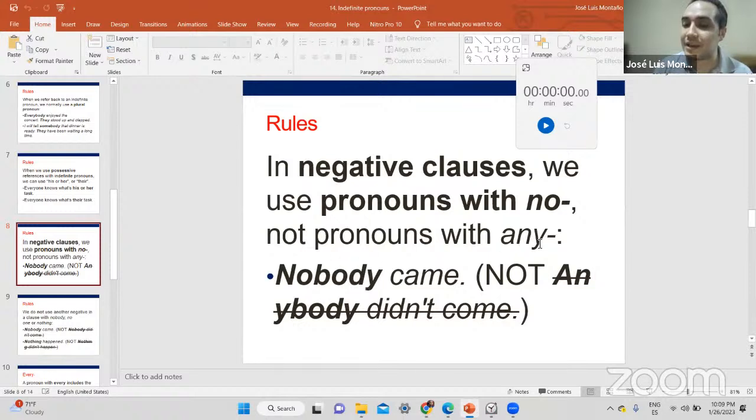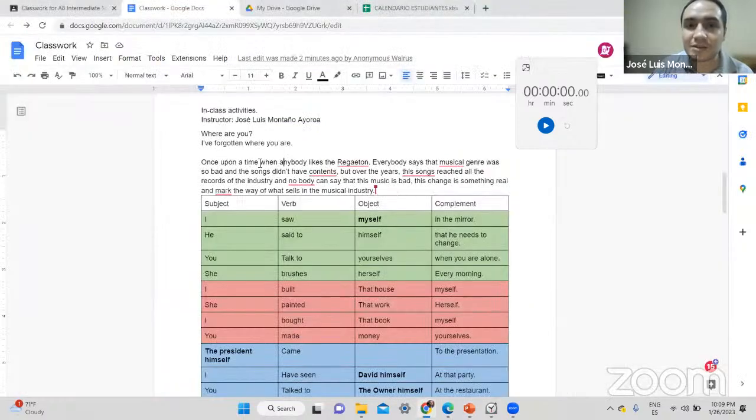And remember that any can only mean nadie when it's in a negative sentence. But nobody is going to mean that being in affirmative sentences, right? So if you analyze, your sentence is affirmative. So it has to be nobody, all right? So it's going to be nobody likes, and this one with a double T over there, good.